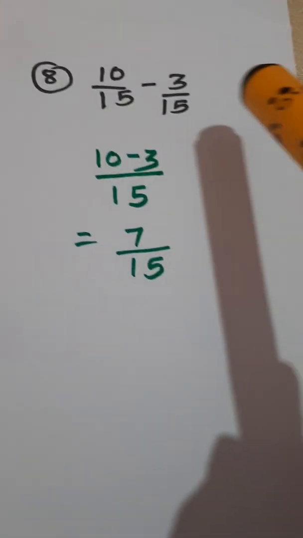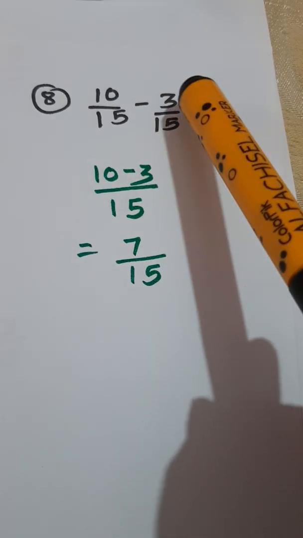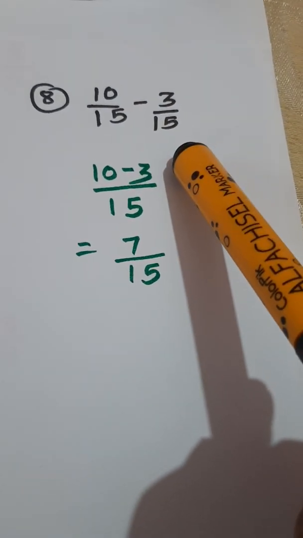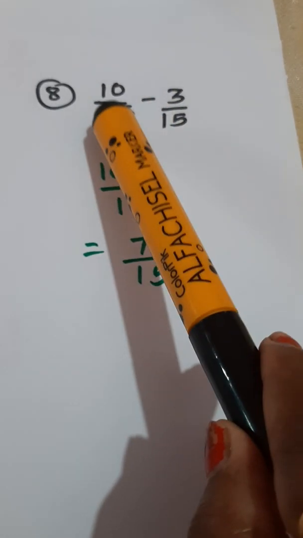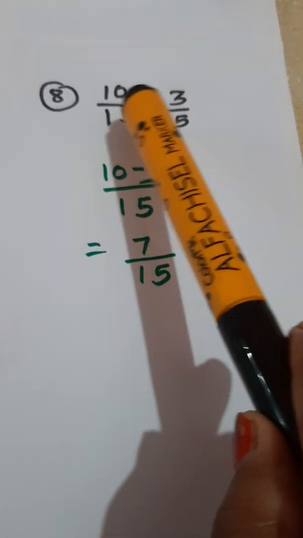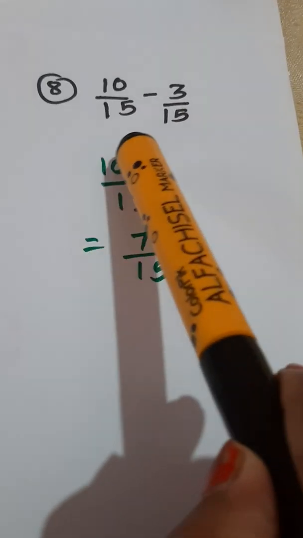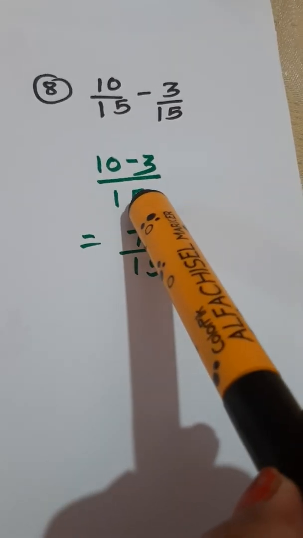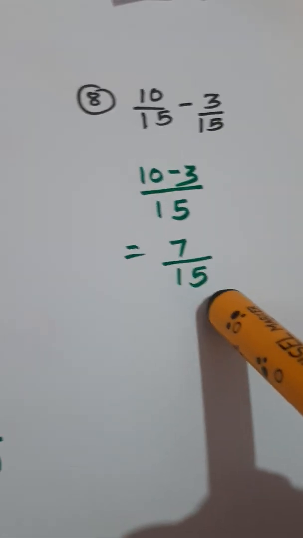See the eighth one. 10 upon 15 minus 3 upon 15. As they have the same denominators, write down at once only 10 minus 3 upon 15. 10 minus 3, 7. 7 upon 15.